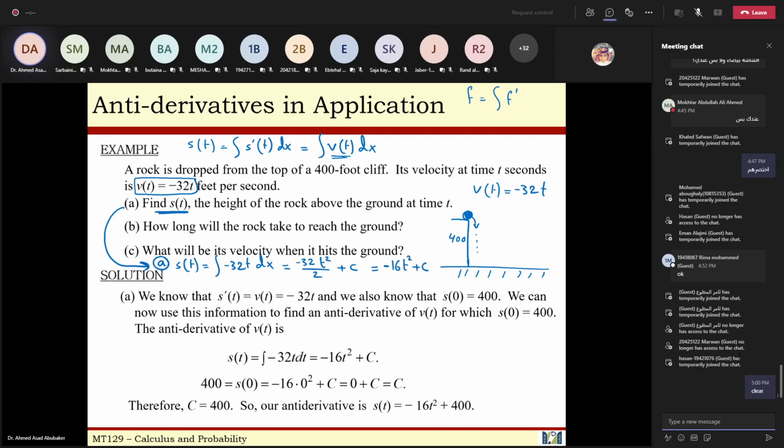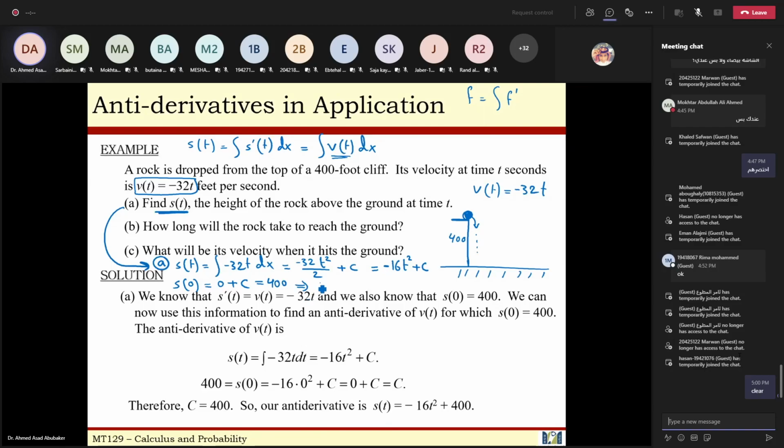But the initial s at time 0, the s at time 0, is the distance between the rock and the ground. So s of 0 equals 0 plus c. This must be 400, because at time 0 we have height, or the distance between the ground and the rock, of 400.